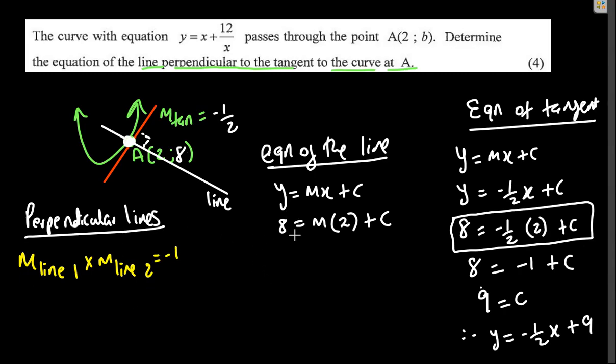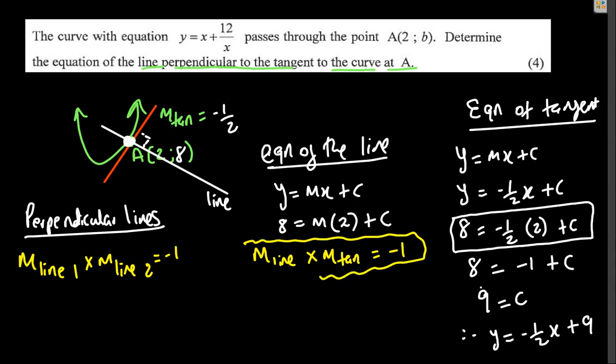What do we mean? It means the gradient of the line here, when you multiply it by the gradient of the tangent, you should get -1. That is for perpendicular lines. We are saying this because they said they must be perpendicular. For parallel lines, remember the gradient of the lines would be the same.